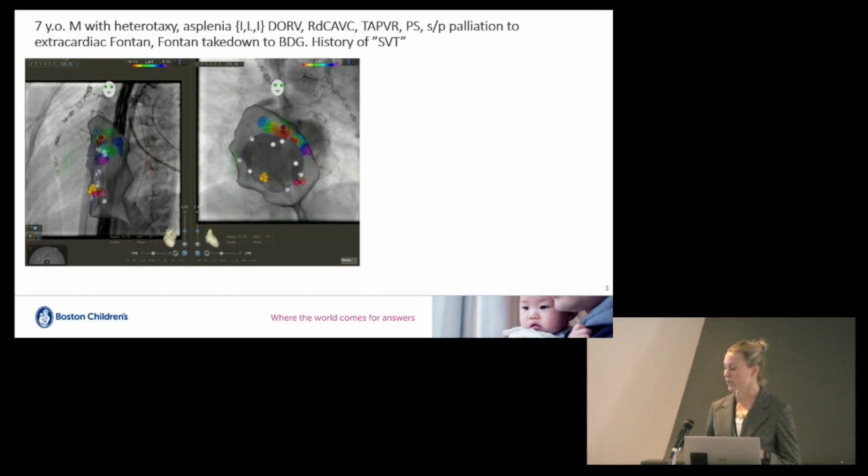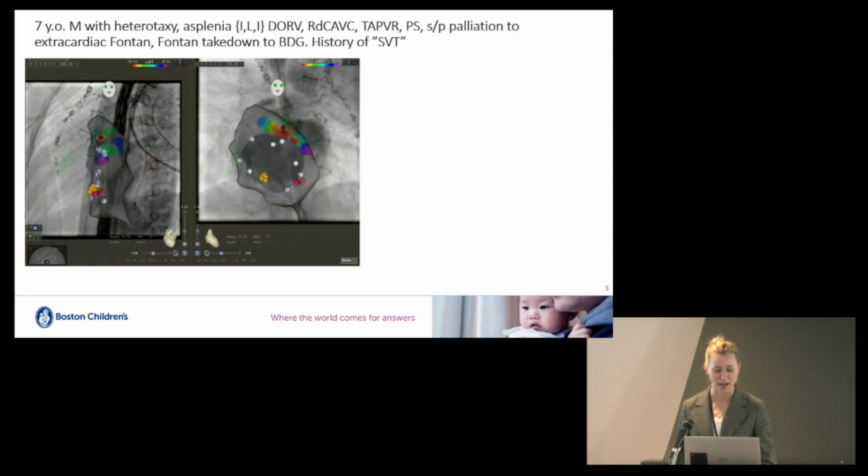He had been palliated down to a Fontan, which had not gone well from a circulation standpoint and had to be taken down. And he came to us with a history of SVT that had been difficult to manage and had at times postoperatively contributed to his poor status. We knew that he had heterotaxy with an asplenia subtype, and we had suspicions that this might have been an AVNRT type or a twin node tachycardia type presentation.